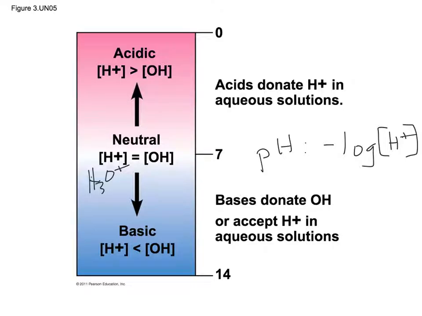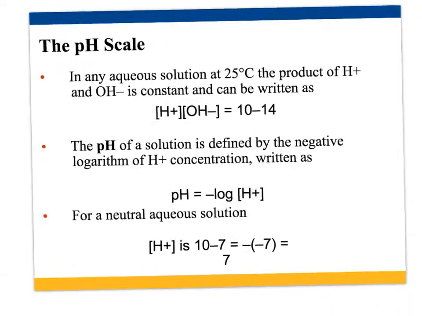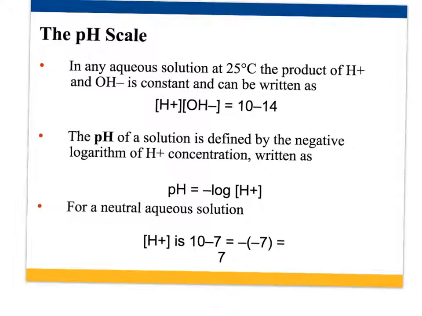They're not freely available. They're going to be bound, interacting with the hydroxide ion to form water. So less freely available H+ ions would lead to a decrease or increase in pH? A decrease, okay? So the pH scale. In any aqueous solution at room temperature, the product of H+ and OH- can be written as such.